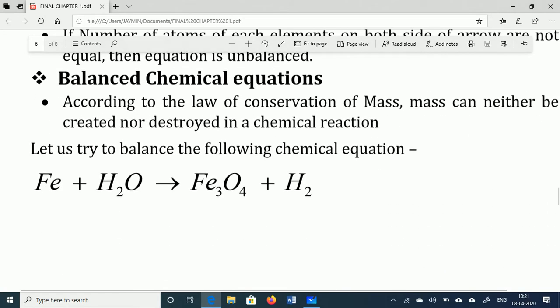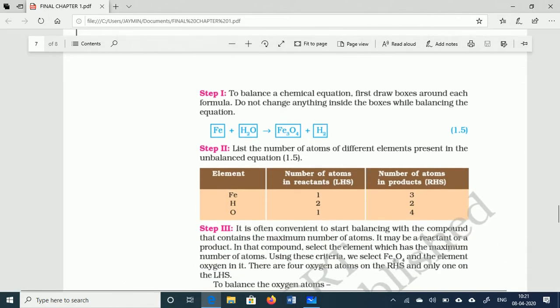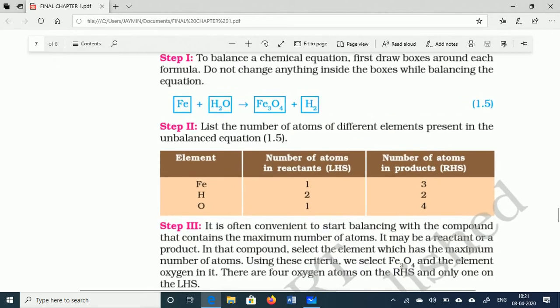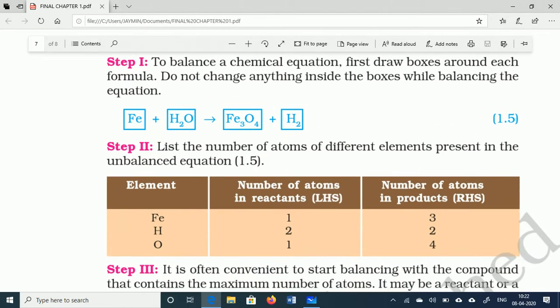Later on we discussed balancing of chemical equations, and the need to balance a chemical equation. In balancing we discussed different steps. Step 1 is to make a box surrounding the chemical formula; the purpose is not to change anything inside that box.